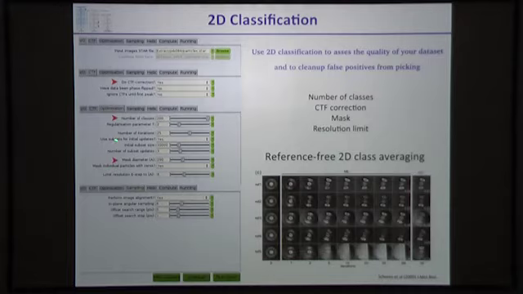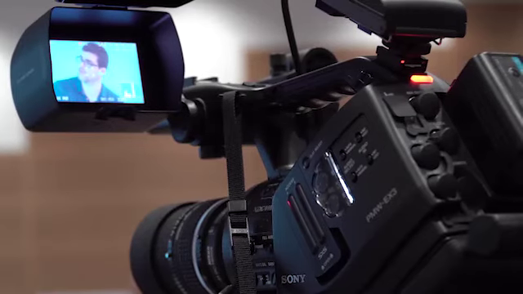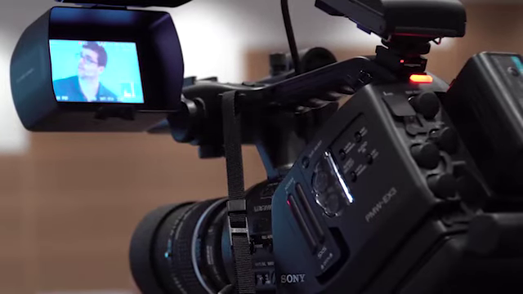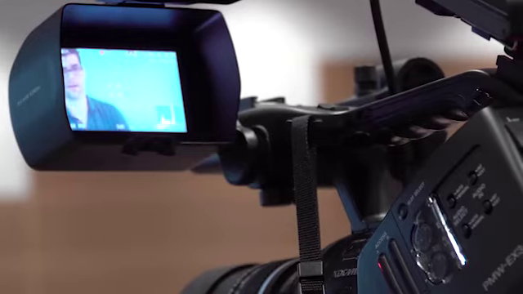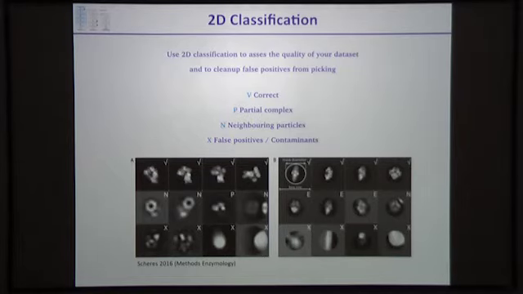One is this T value that was discussed briefly yesterday, for which a value of 1 or 2 is safe and works for 2D classification. And you can tune the resolution limit of the information that you're going to use during the comparisons. So 2D classification is a really good tool for assessing the quality of the data and for cleaning up the data set.